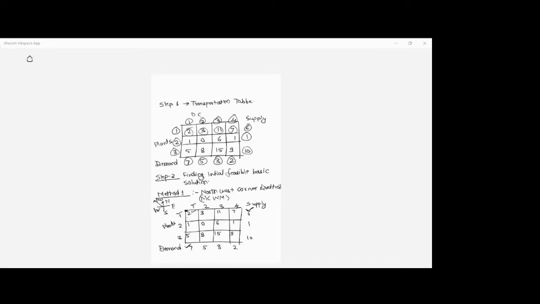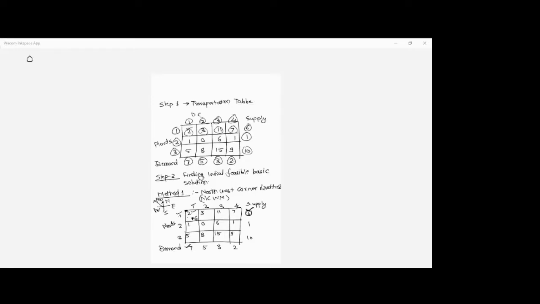If I write 7 here, the constraint regarding your plant won't get satisfied, because 7 is greater than 6. So I won't be allocating 7. I'll be allocating 6 million liters here.